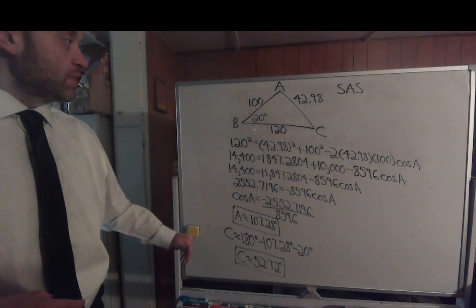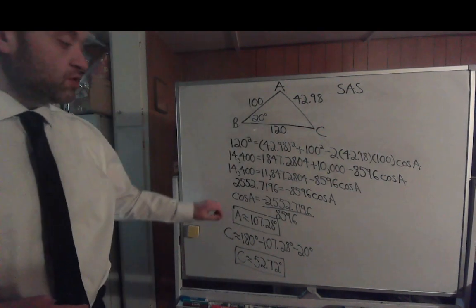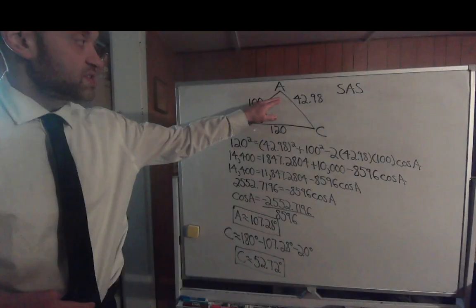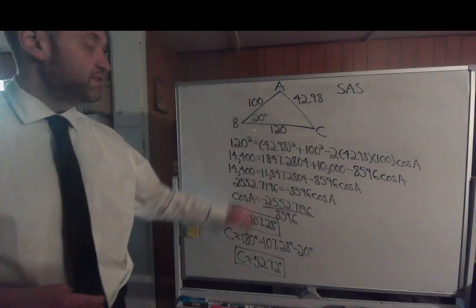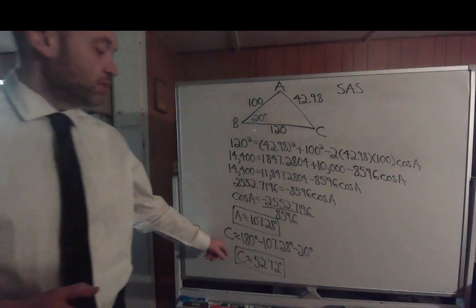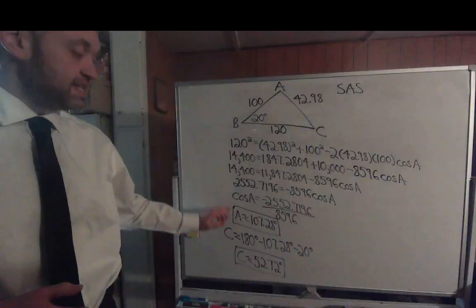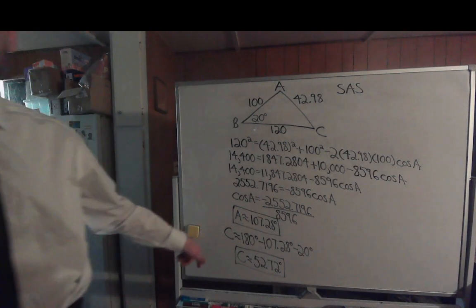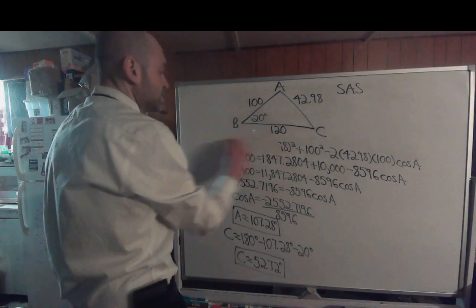So you get side B being 42.98, angle A being approximately 107.28, and angle C being approximately 52.72 degrees. Now, had you gone with angle C first and then solved for angle A, you might have got something slightly different, but you should still be roughly in that ballpark. So yes, these are all based on approximations.